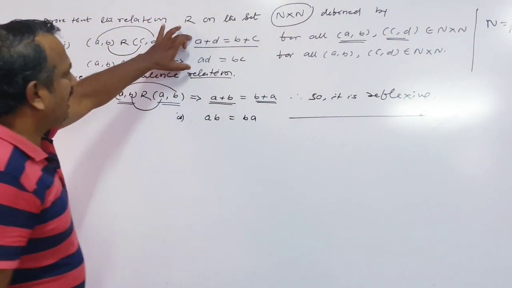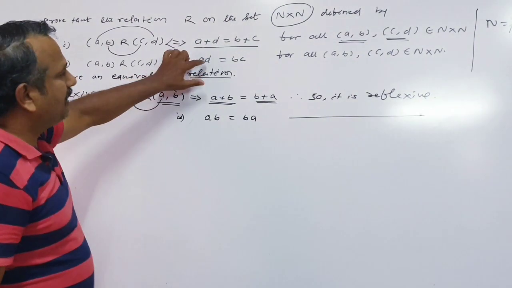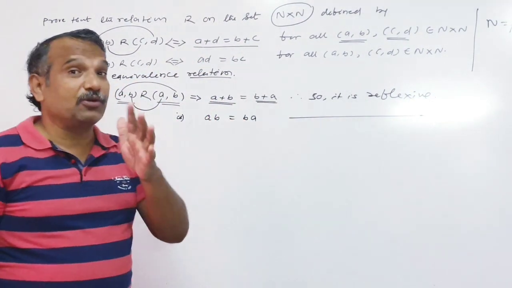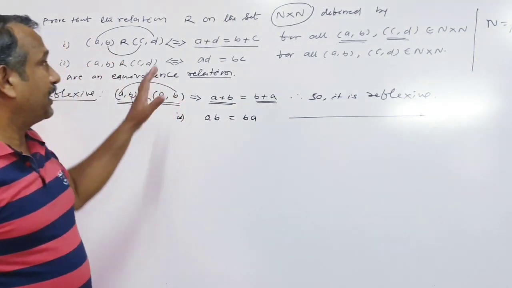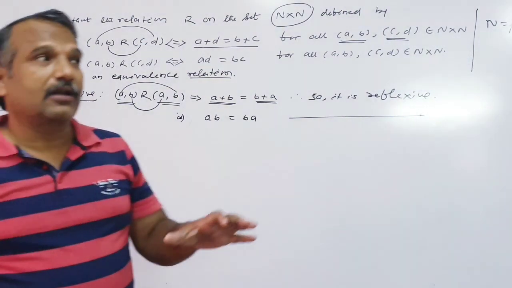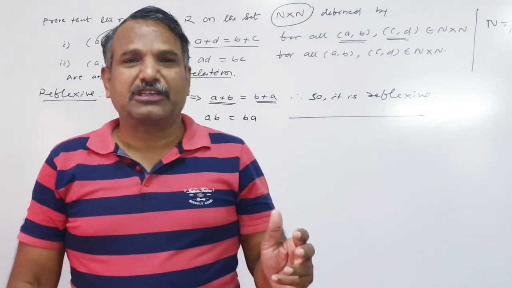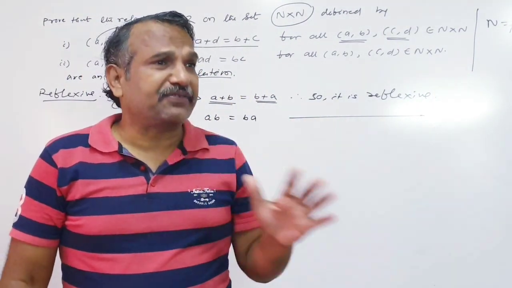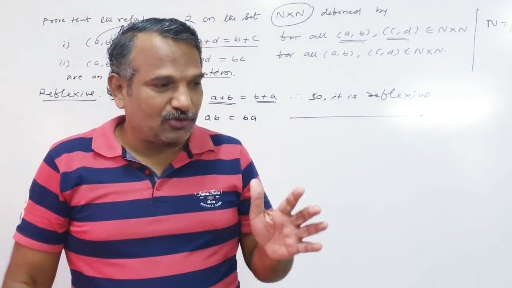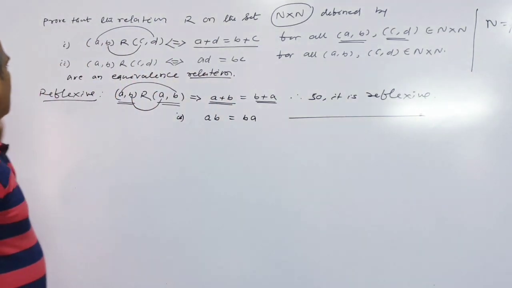So both cases hold for addition or multiplication, but not subtraction, because A minus B is not equal to B minus A. Addition and multiplication are commutative, associative, all properties satisfied. But subtraction and division, A by B is not equal to B by A, and A minus B is not equal to B minus A.